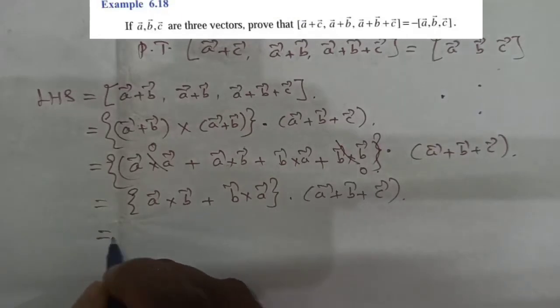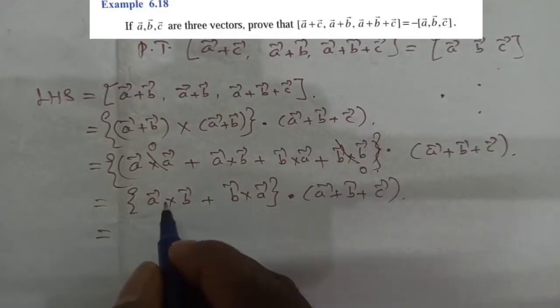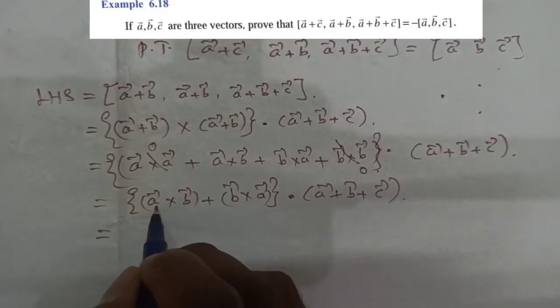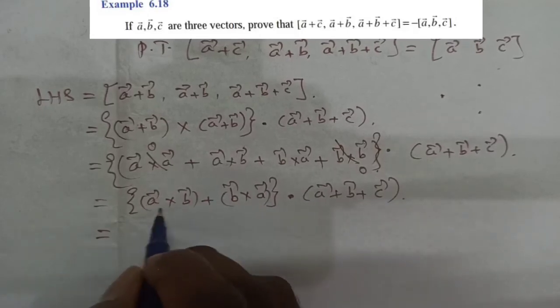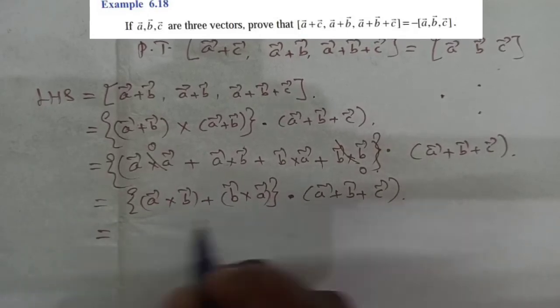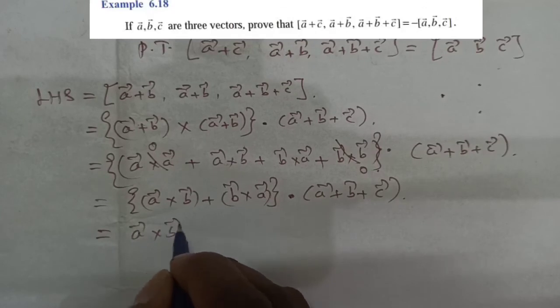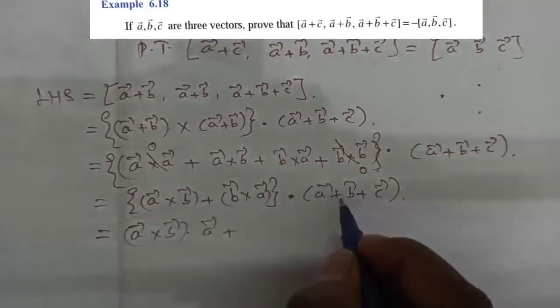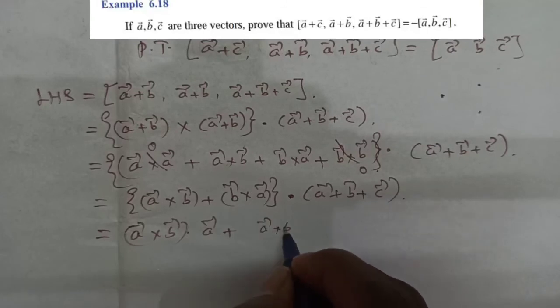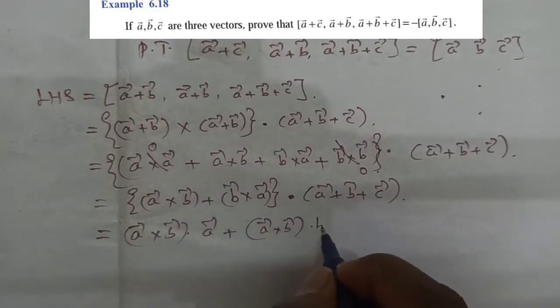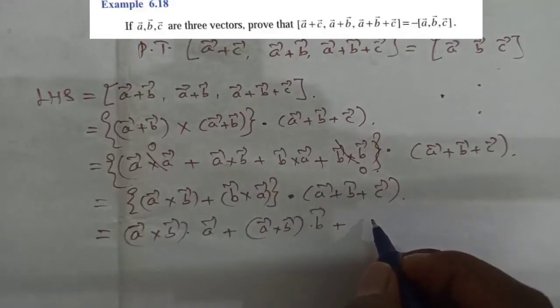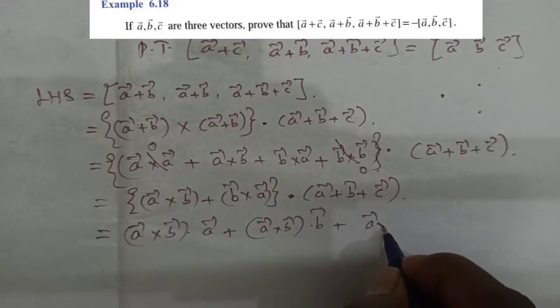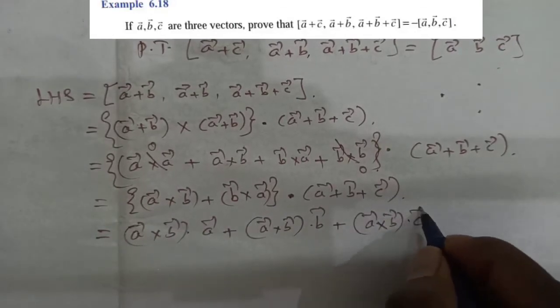Okay, so next we have to take the dot product with every vector. So A vector cross B vector dot A vector, plus A vector cross B vector dot B vector, plus A vector cross B vector dot C vector.